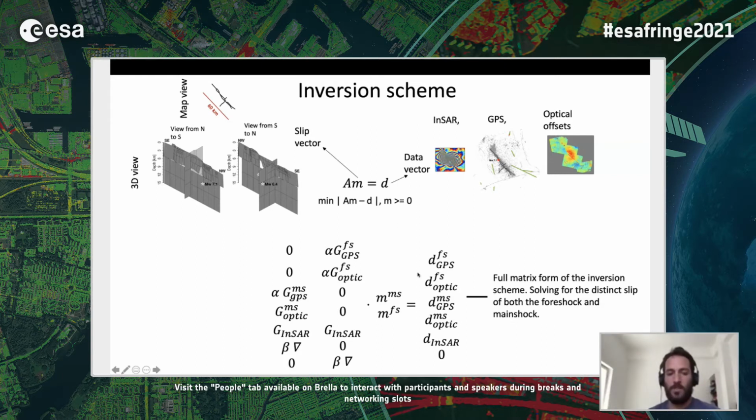Our inversion scheme will solve for both the main shock and the foreshock at the same time, in order to use the INSAR data. As I mentioned, it contains a superposition of the deformation. So the INSAR data will be accounted for the slip of both the main shock and the foreshock, where the GPS and the optical offset will be used to distinguish between the two events' slip.